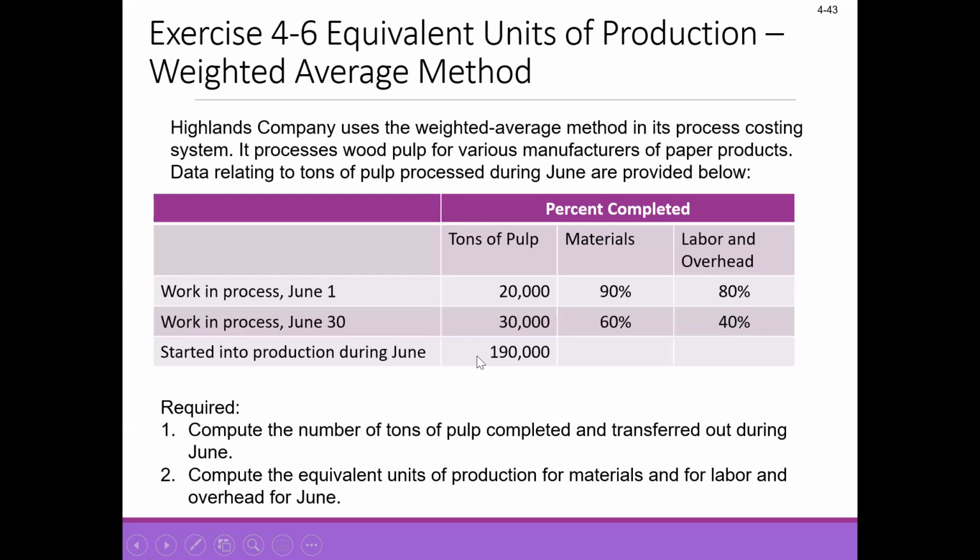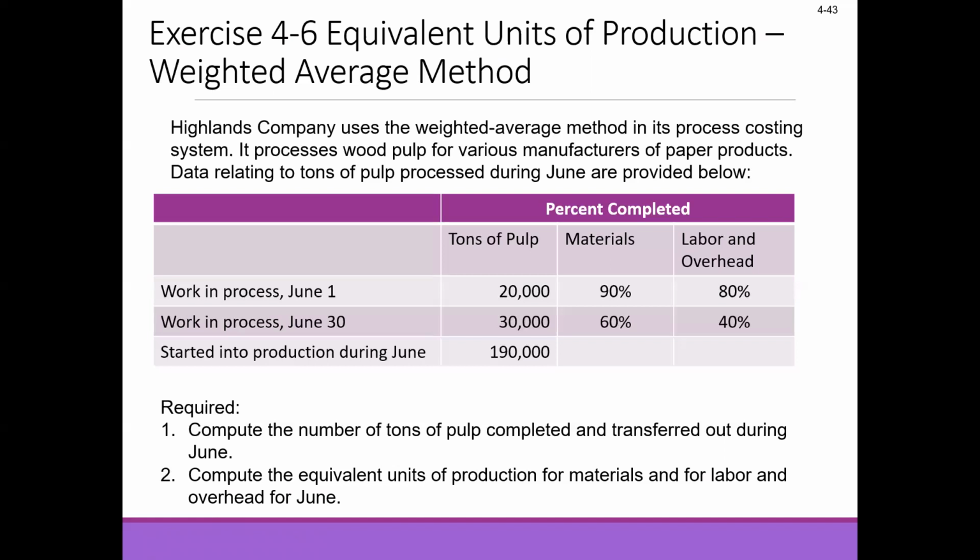Two things we have to do here. We'll compute the number of tons of pulp completed and transferred out during June. And then we'll figure out the equivalent units of production for the materials and for labor and overhead for June.